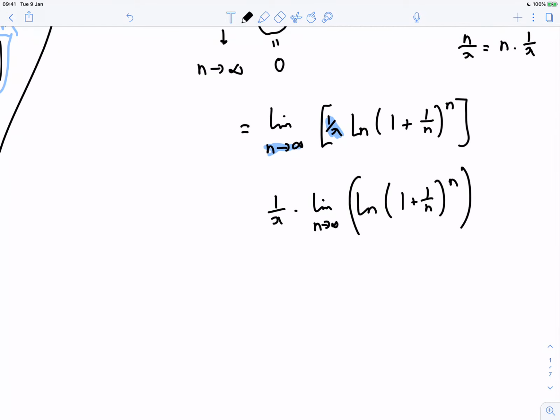And now, think about it. If the limit as n tends to infinity of 1 plus x over n to the n is e to the x, then if I replace x with 1, then the limit as n tends to infinity of 1 plus 1 over n to the power n is just e to the 1.